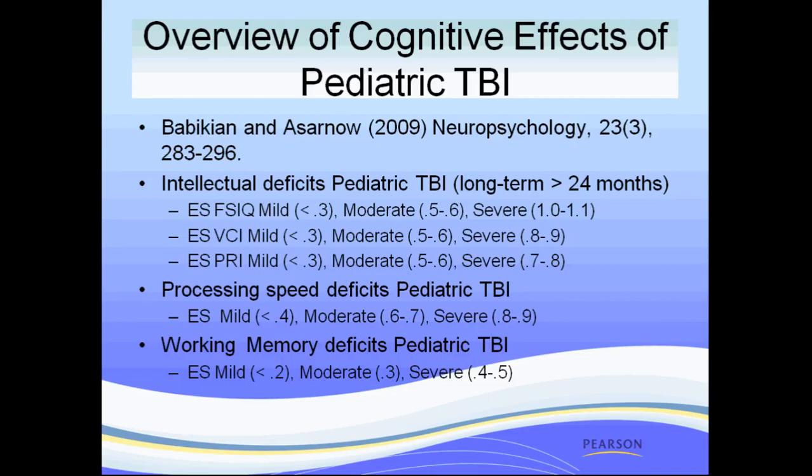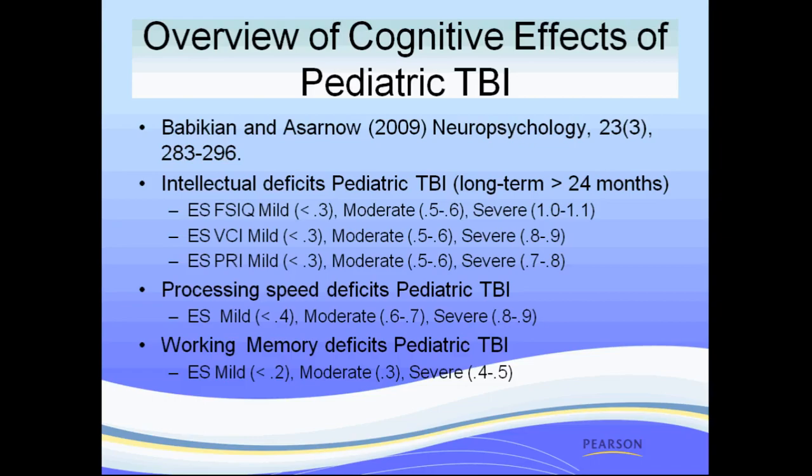It's very similar for mild and moderate, with more effects on verbal processing than perceptual reasoning processing, at least in this meta-analysis for the severe group. However, you'll see that they're very close, and those differences are negligible.